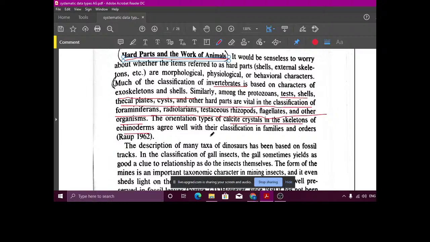Echinoderms are starfishes. You have calcium crystals. They have a specific shape. On the basis of that shape, you can classify them into different families and orders. Some have calcium, like Asterozoa. Then in holothurids or sea cucumbers, you don't have them. So on the basis of this, you can classify them separately.